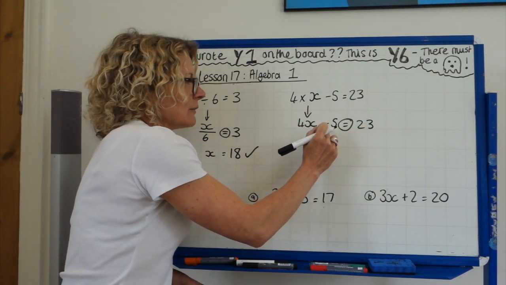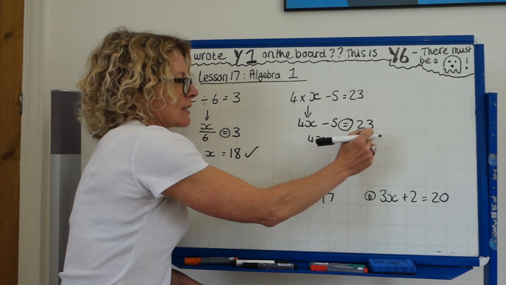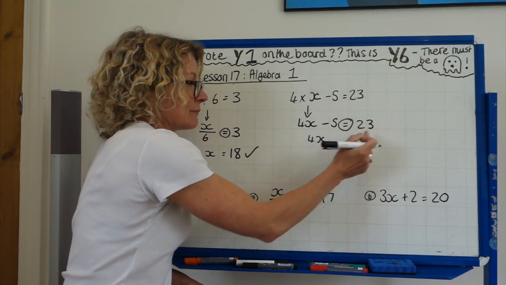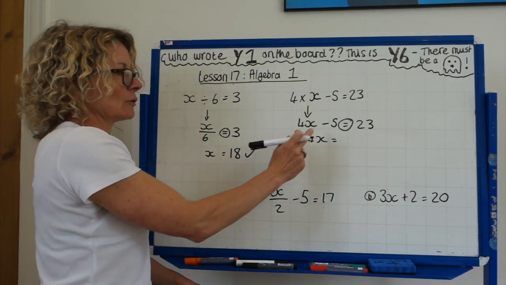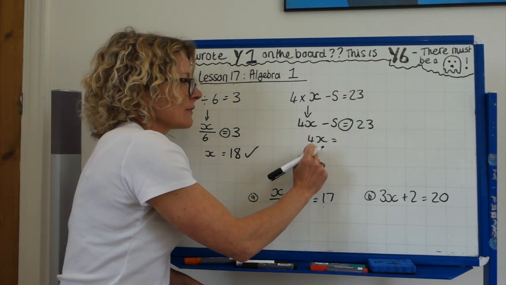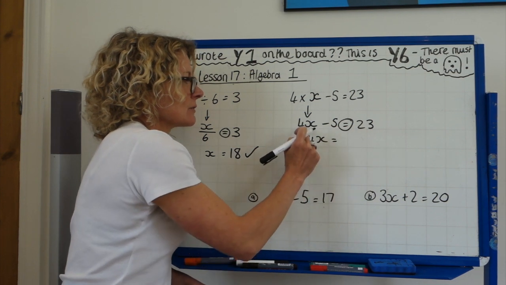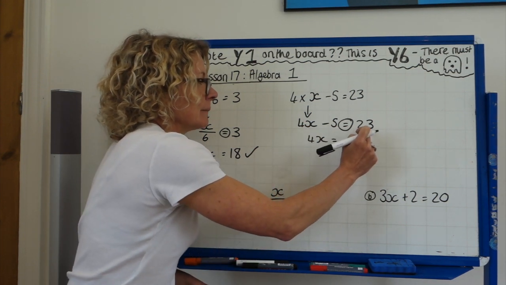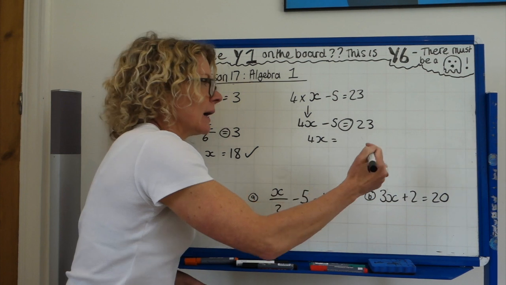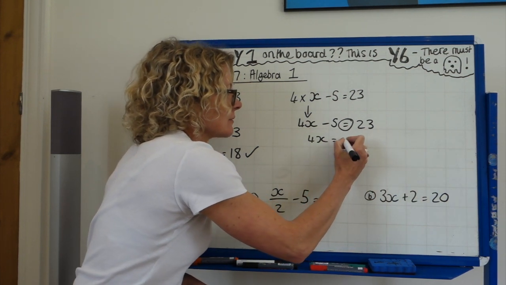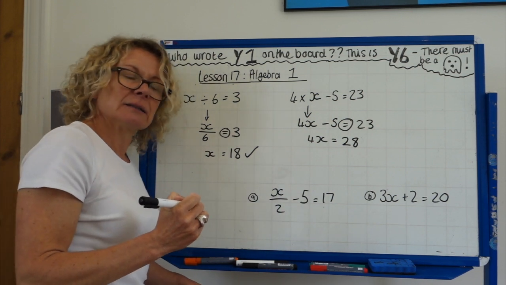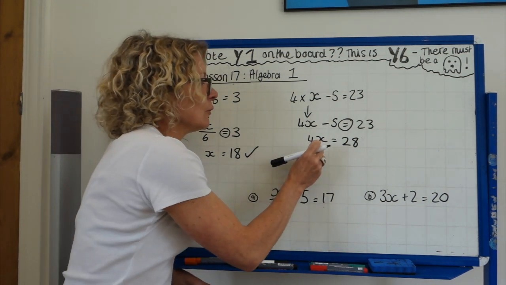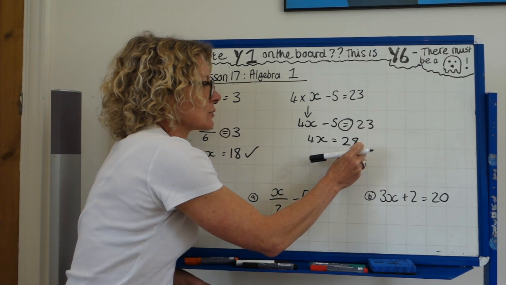If you've minused 5 from it to get 23, you've got to add that 5 back on to start to solve this. Opposite operation all the time. So 4 lots of X minus 5 equal 23, so 4 lots of X equal 23 plus 5, okay? So 23 plus 5 would be 28. Agreed? Okay, so 4 lots of X equals 28.